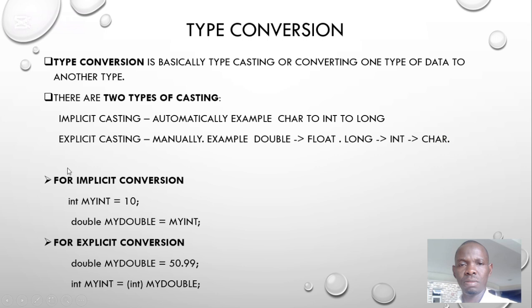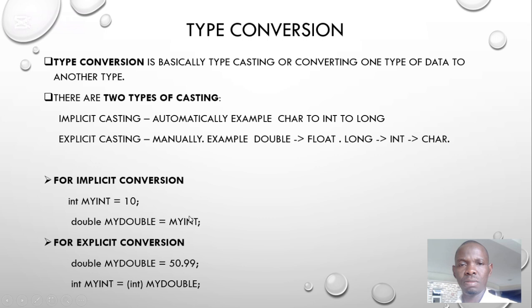For implicit conversion, we can say here we have int myInt equals 10. We assign this variable value to this variable name of type integer. By default, this myInt is of type integer and the value is 10.